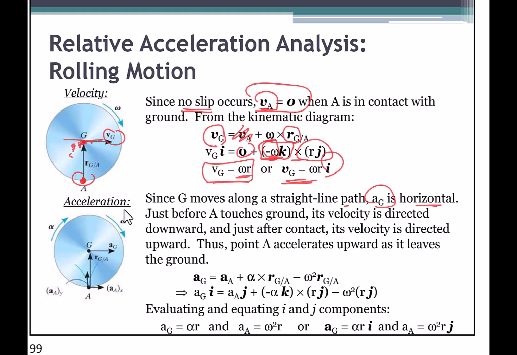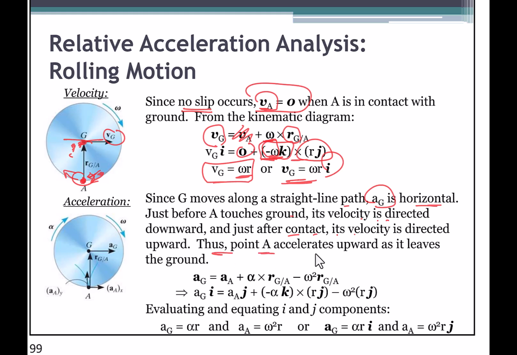So just before A hits the ground or touches the ground, its velocity is directed downward. It is coming down like this. And just after it contacts the ground, the velocity is moving upward. So we have a change in velocity direction, which means a change in acceleration.